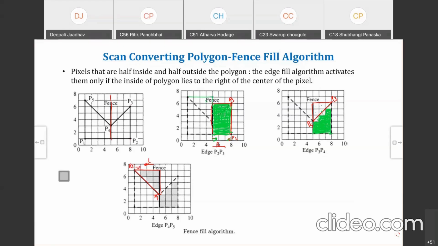So all are white, and we need to make them green. All the pixels we need to color with the polygon color. Complement it; this remains as it is.